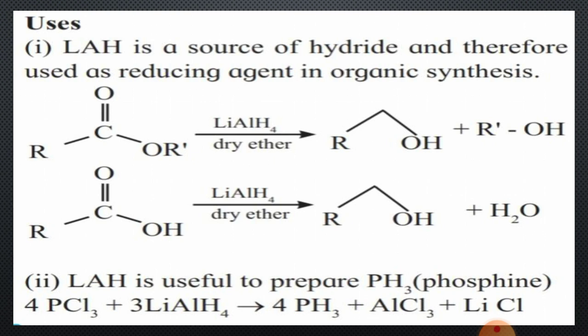The second use of lithium aluminium hydride is that it is useful to prepare phosphine. What is phosphine? PH3 is your phosphine. So this lithium aluminium hydride is used in the preparation of phosphine. PCl3 is your phosphorus trichloride. When it is reacted with lithium aluminium hydride, we obtain phosphine plus aluminium chloride plus lithium chloride.